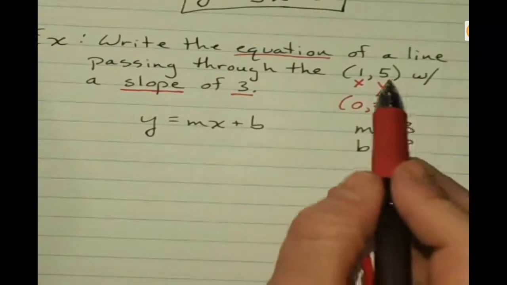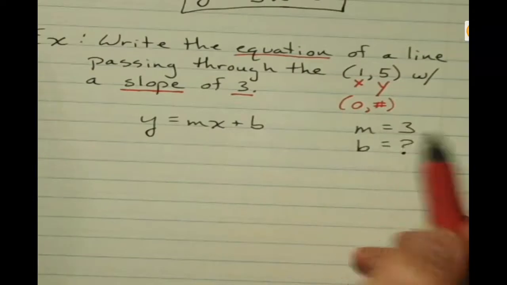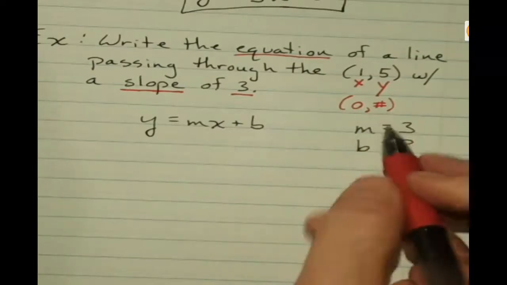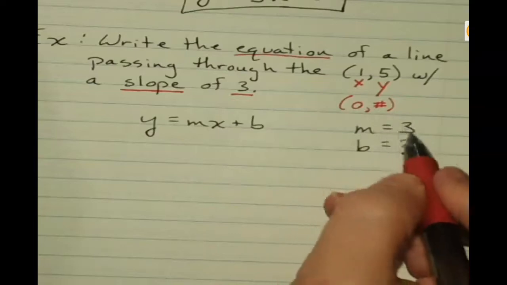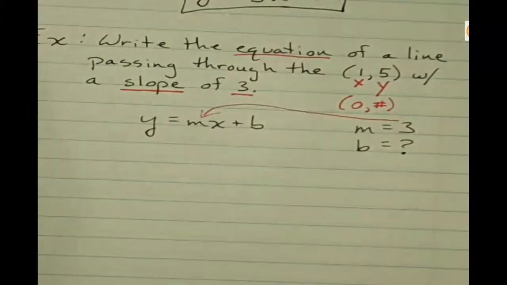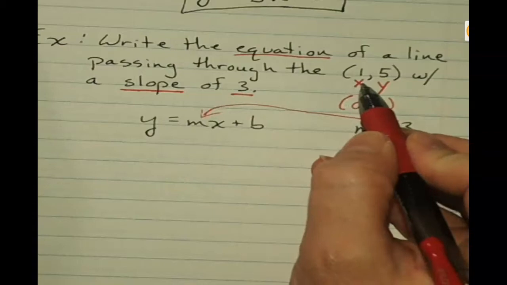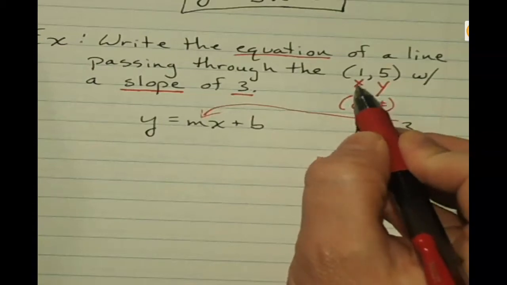So since we have our slope, we're going to go ahead and we're going to insert that into the M. And look, guys, before you start writing, you see this X?